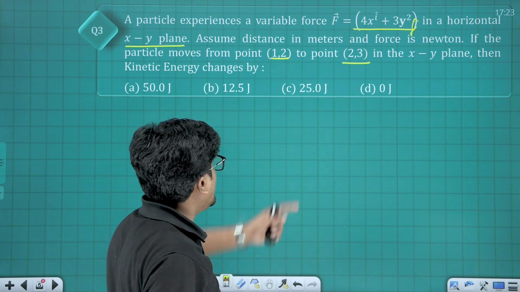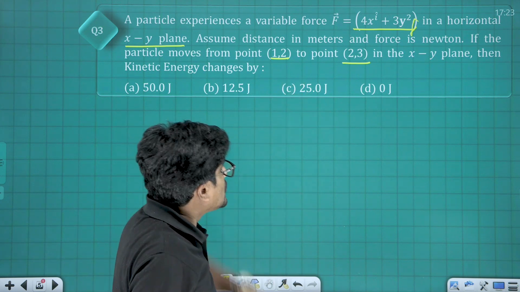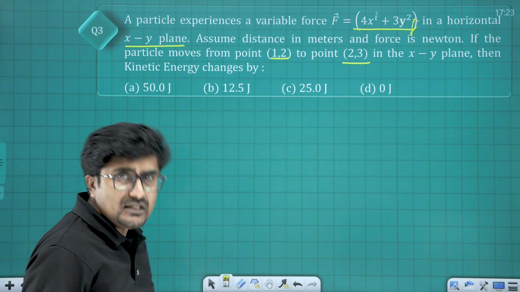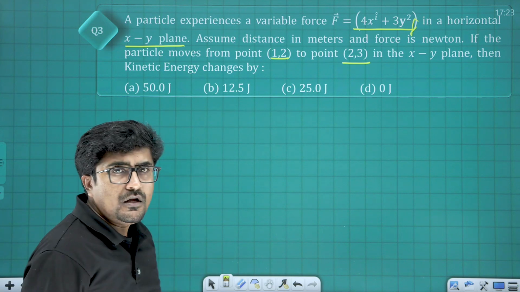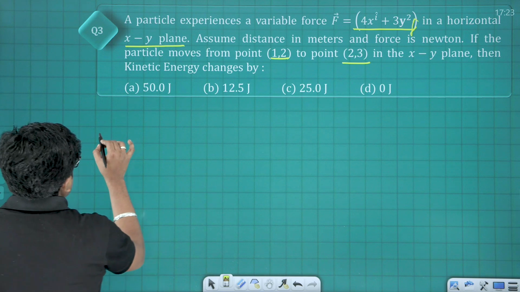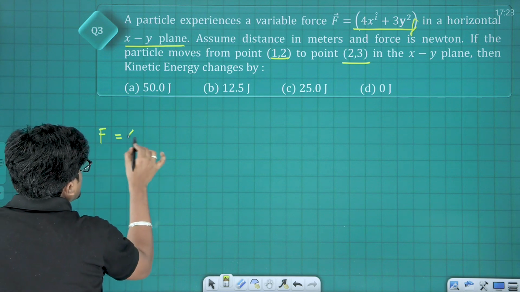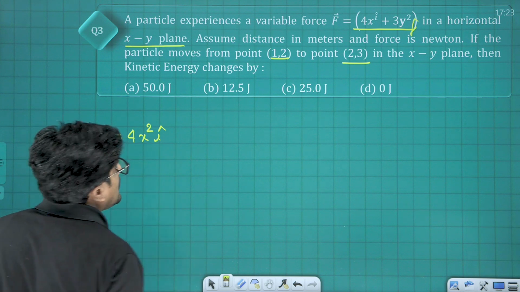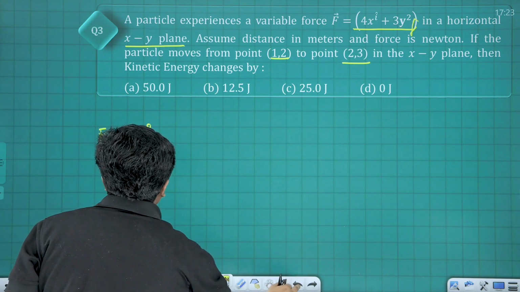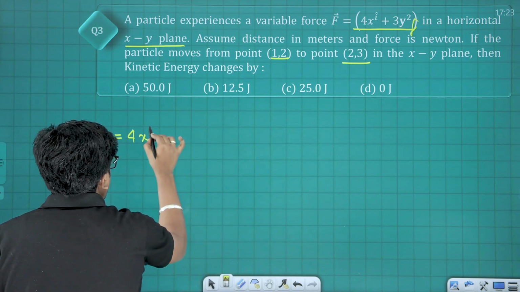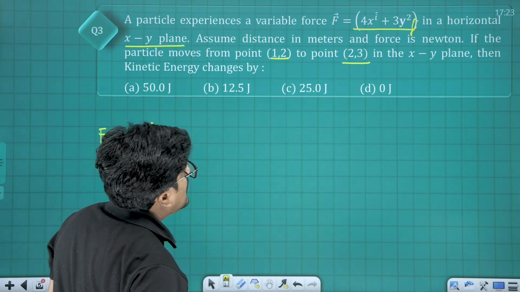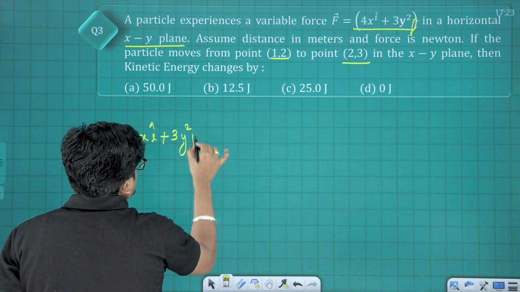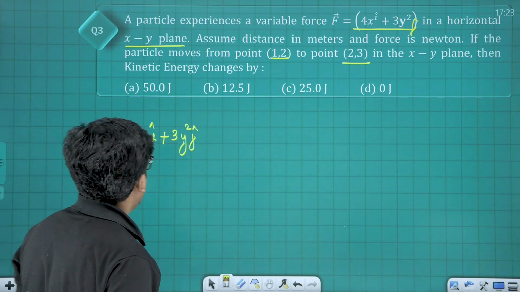Then the kinetic energy change is. That's the question. So the force given is F equals 4x i cap plus 3y square j cap.